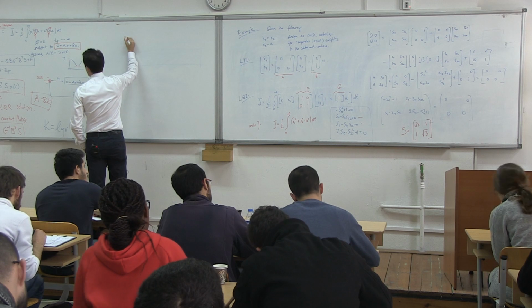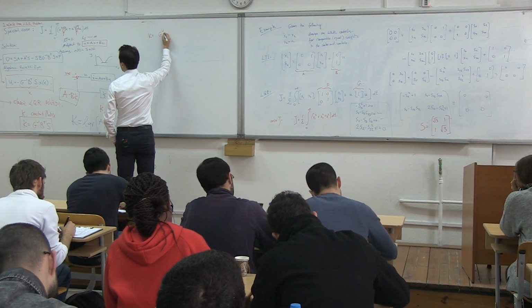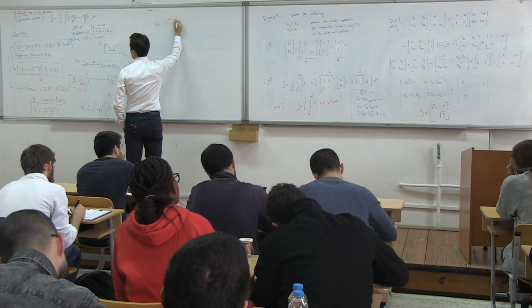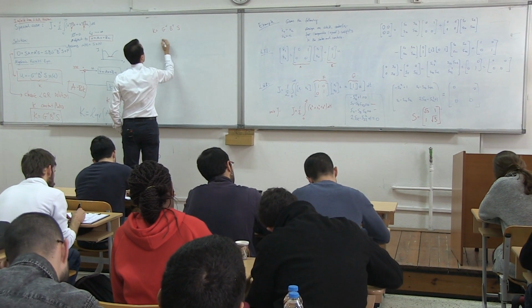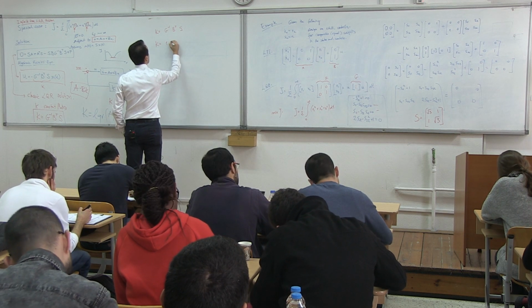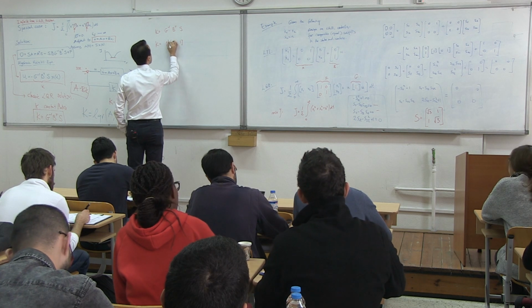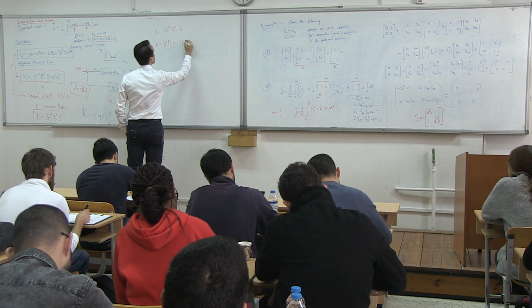K is equal to G to the minus 1 times B transpose times S. K would be equal to 1 times 0, 1 times S.